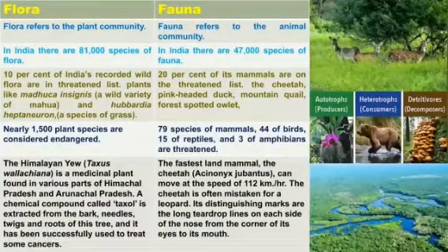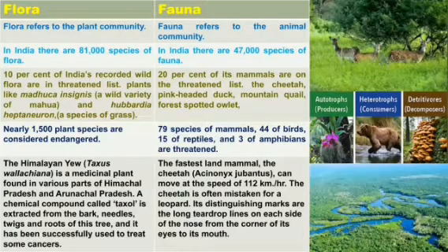Flora and fauna. Flora refers to the plant community, fauna refers to the animal community. In India, there are 81,000 species of flora or plants, and there are 47,000 species of fauna or animals.